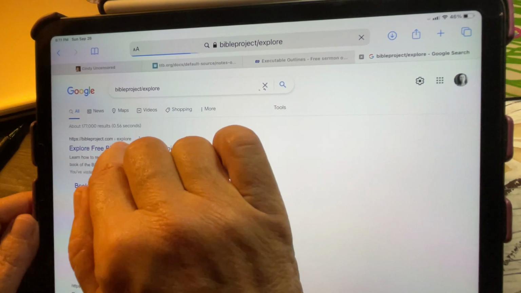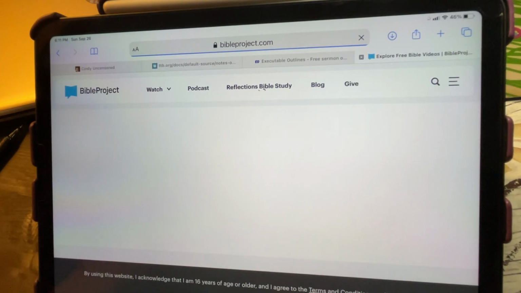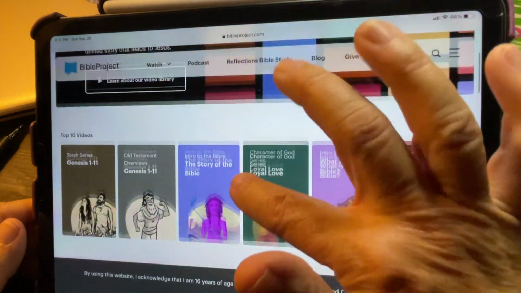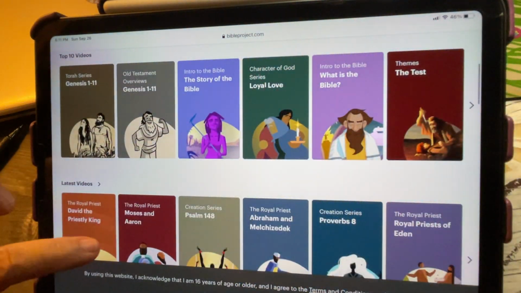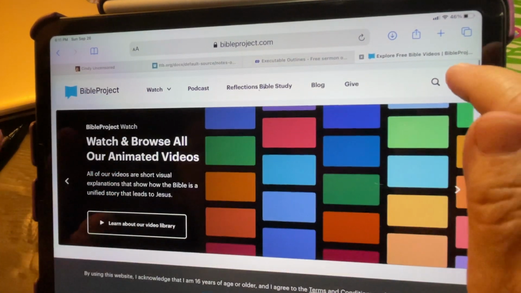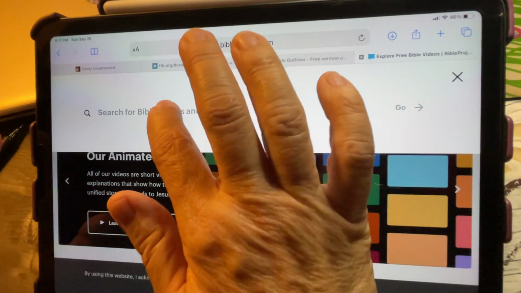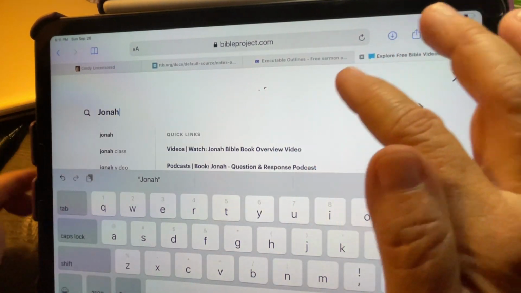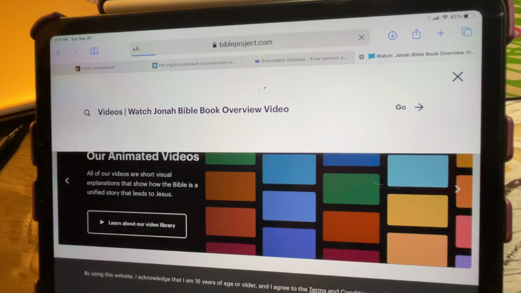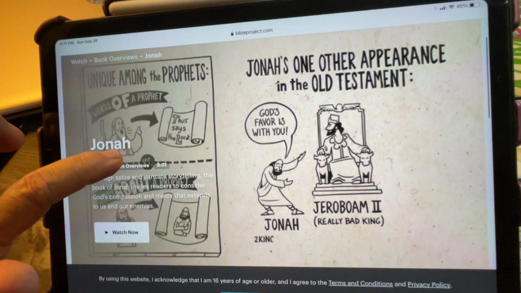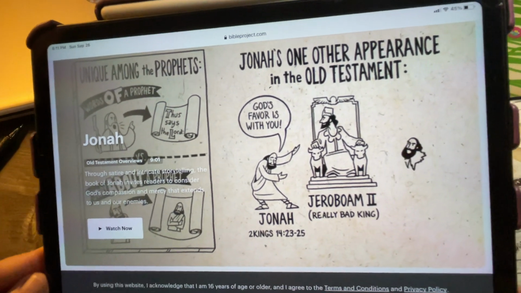Oh, I forgot to put .com, but anyway. And then go down and find the one about Jonah. We may have to search for it. Jonah. I love the Bible Project. I mean, look at that. Isn't that the cutest little cartoon-like thing?